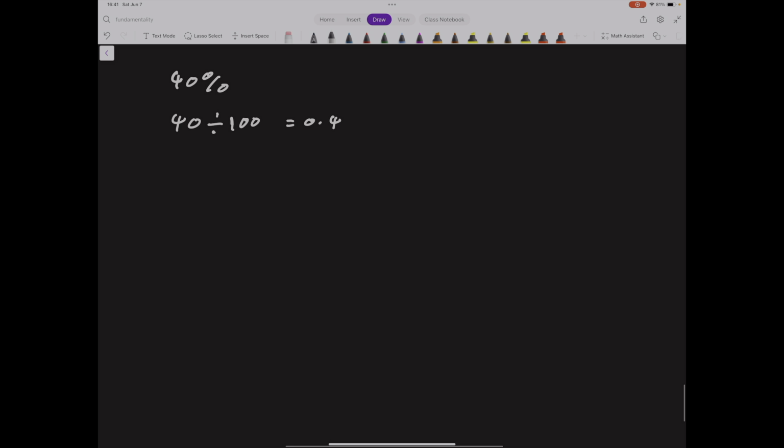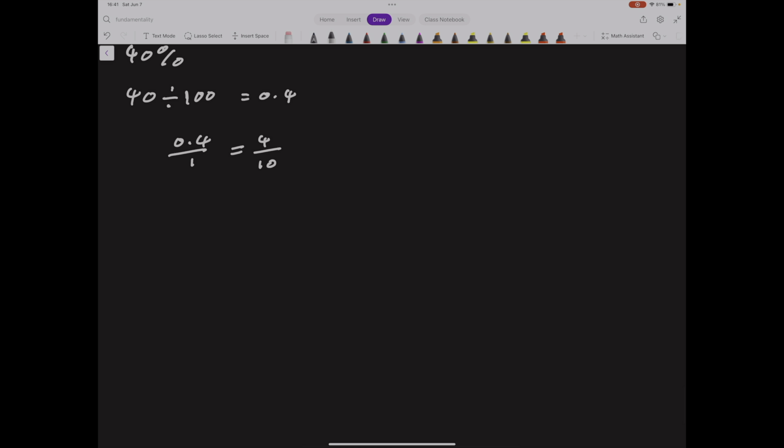Okay, now we put 0.4/1, that's also equal to 4/10, and then all these numbers are both even, so we divide top and bottom by 2, 4 divided by 2, 2, 10 divided by 2, 5 equals 2/5.